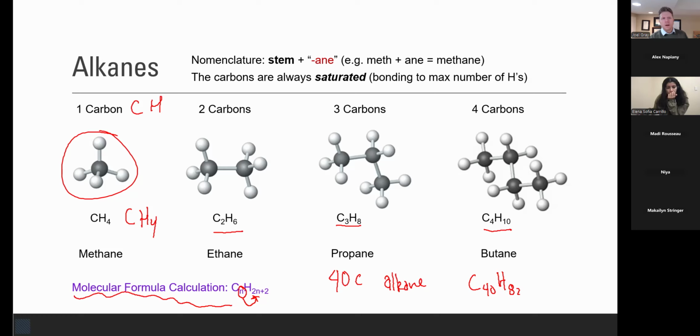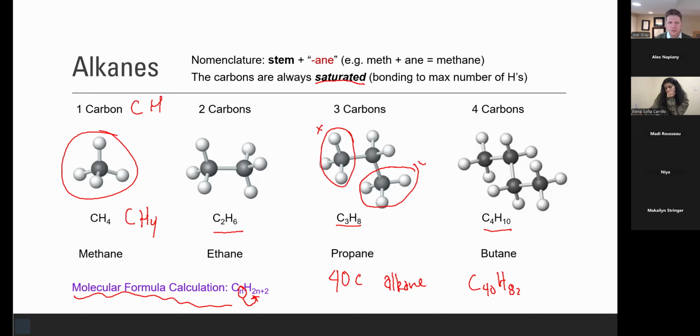Okay. Now, what's important to know also about alkanes is that the carbons are always saturated. What that means is that there are no double bonds. That means every single carbon has its maximum number of hydrogens added to it. Let's look at this. Here and here are carbons that are at the end of the overall chain, the 3-carbon chain.